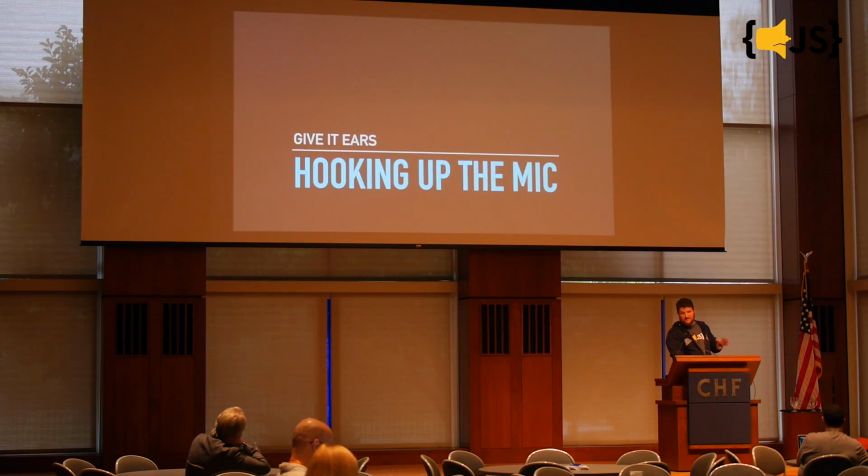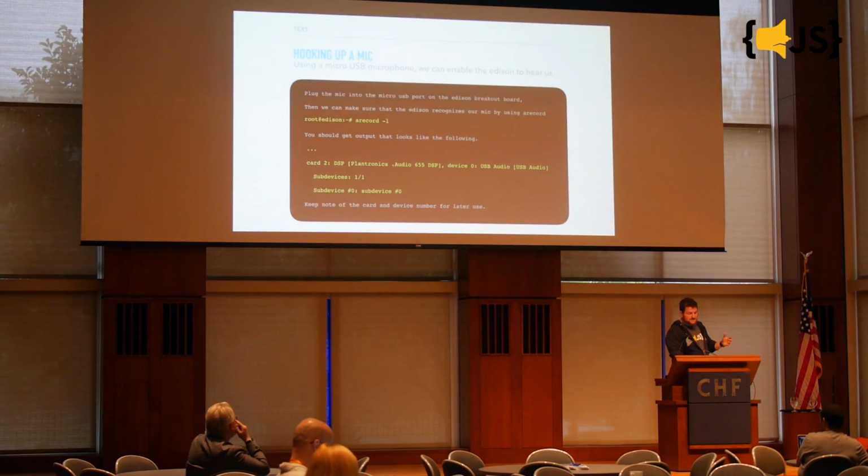Okay, so now that we've given it a voice, we need to give it a way to listen to us, which is really, really simple. I just have this little tiny USB microphone that runs right into a micro USB converter that hooks right into the side of the mini breakout board. So once I have that connected to the breakout board, I can type arecord -l.